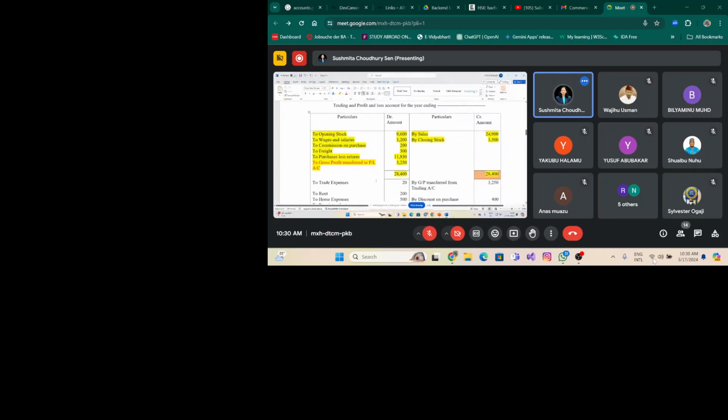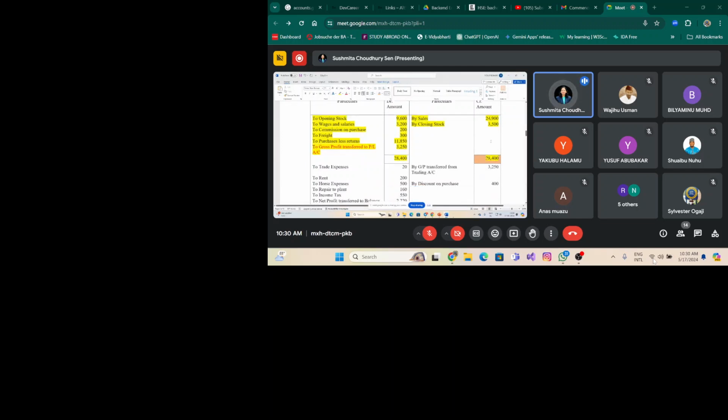All right. So this is a part of my trading account, which is marked with yellow. This section is my trading account, and this shows that all the left hand side entries are related to manufacturing expenses, right hand side entries are related to manufacturing income, and then we have a balance.